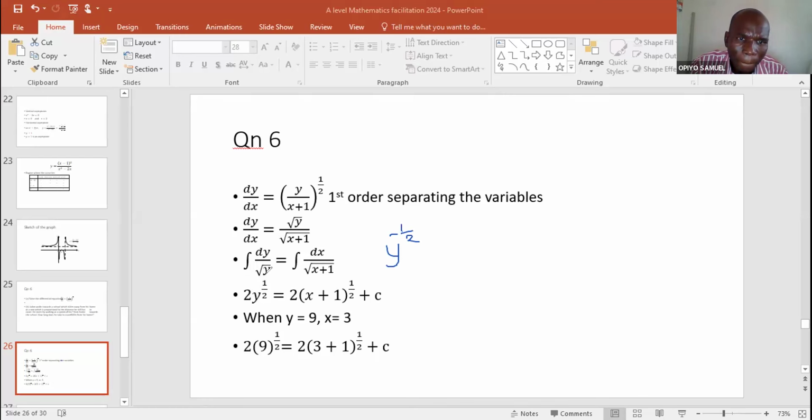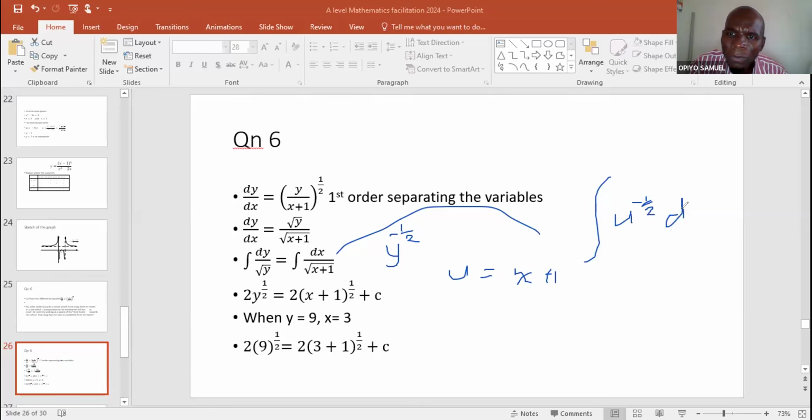Then for this other part, you can use substitution. It is still a simple thing inside. Let u equal x plus 1. Then this one will be written as the integral of u to the power negative half.